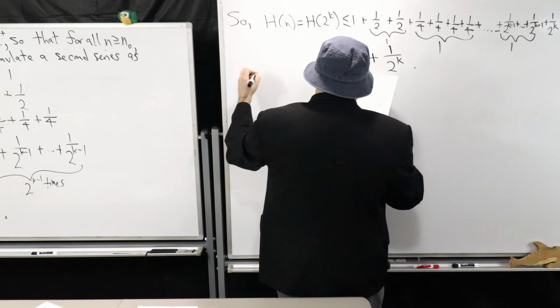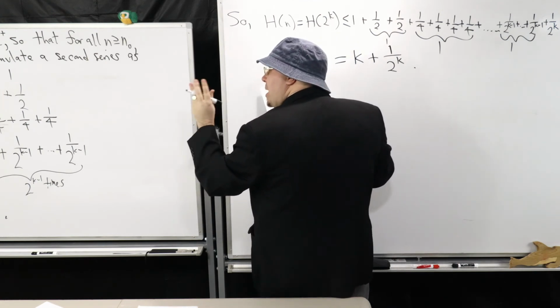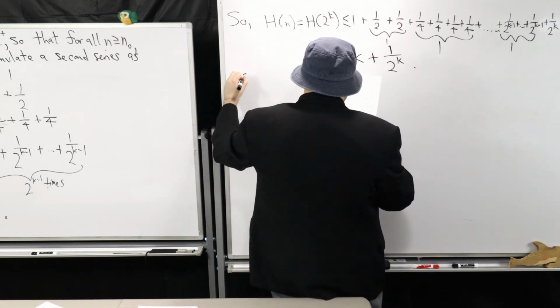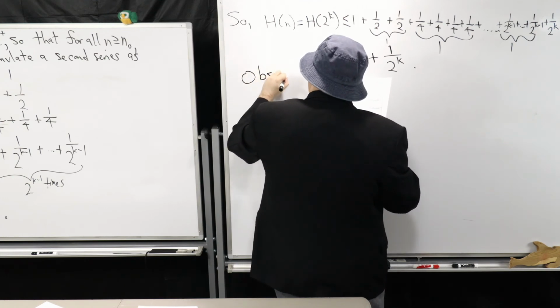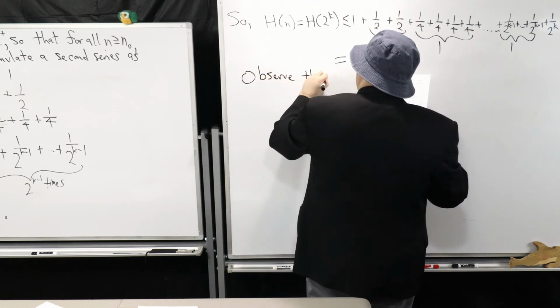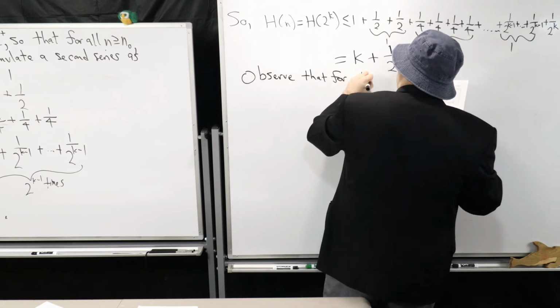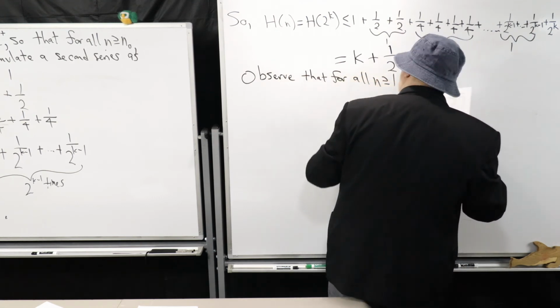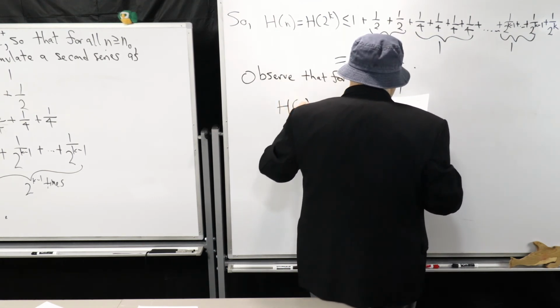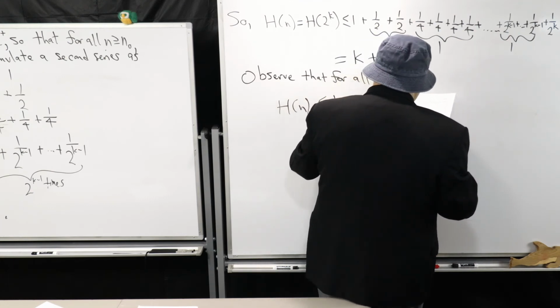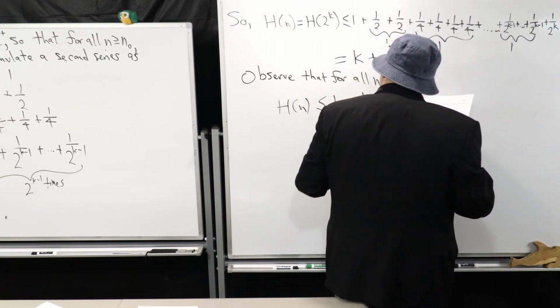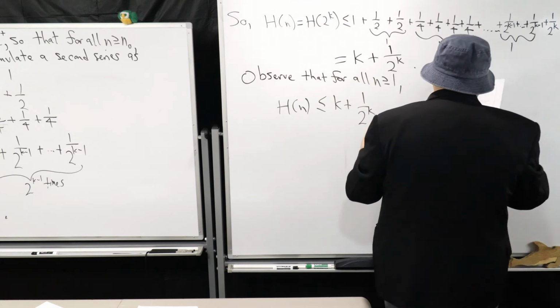Now, here we go. Now you're going to see why the power of 2 is going to make things much easier. So I'm going to say observe that for all n greater or equal to 1, h of n is less than or equal to k plus 1 over 2 to the power k, which is what I wrote up here.